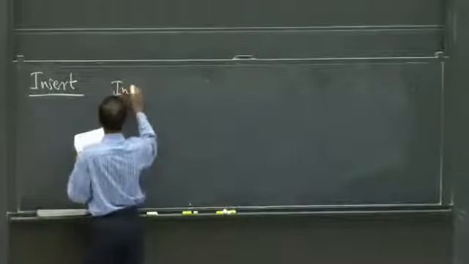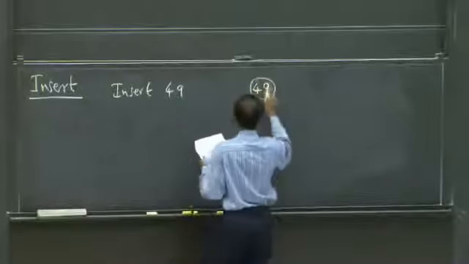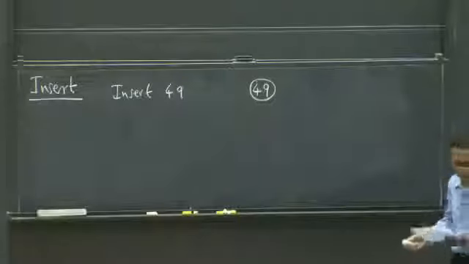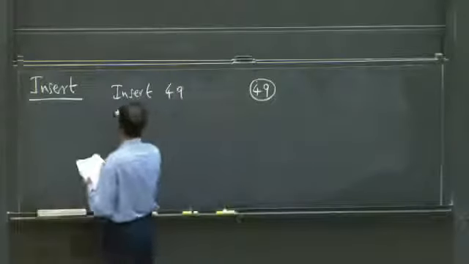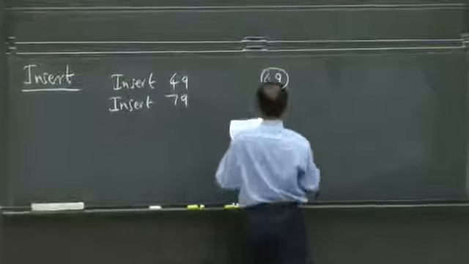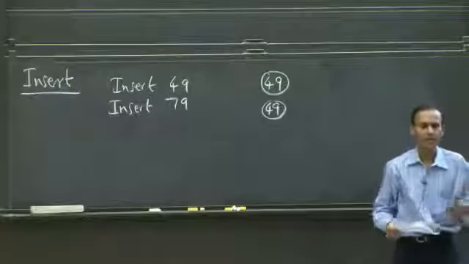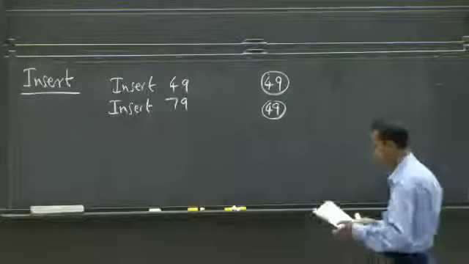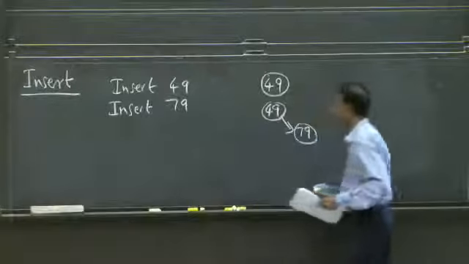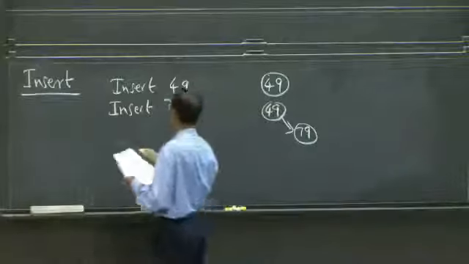So I insert 49, and all I do is make a node that has a key value of 49. Right? This one is easy. I next insert 79. And what happens here is I have to look at 49, and I compare 79 to 49. And because 79 is greater than 49, I go to the right, and I attach 79 to the right child of 49.